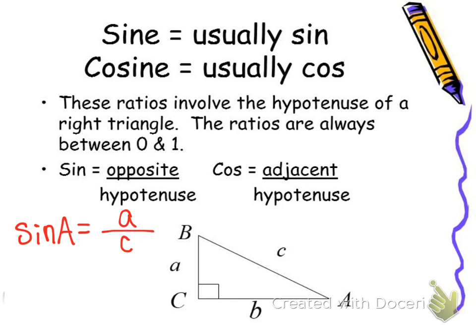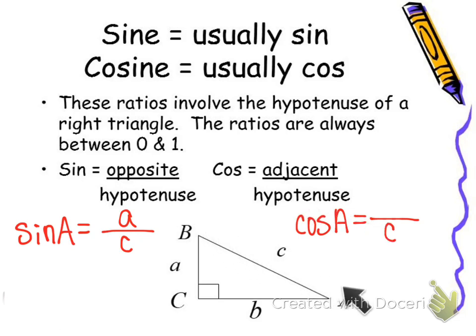Okay, if we're talking about the cosine of angle A, what side is adjacent to A? It's B. So obviously we know the hypotenuse is going to be what? C. The hypotenuse is C on these.